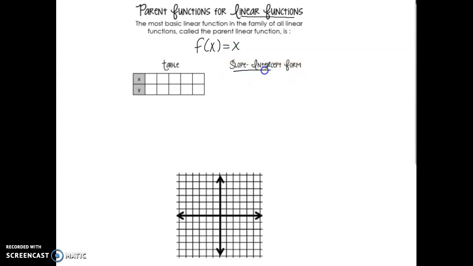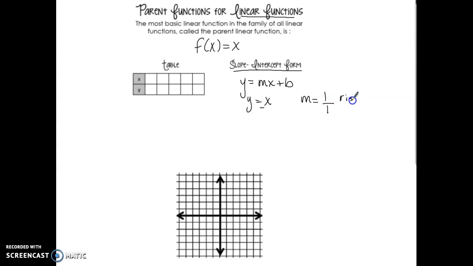If we think back to the slope-intercept form where y equals mx plus b, in the equation f of x equals x, think about y equals x, your m here is the numerical coefficient in front of the x. When there's nothing written, the slope is 1, which means we go up 1 and over 1.